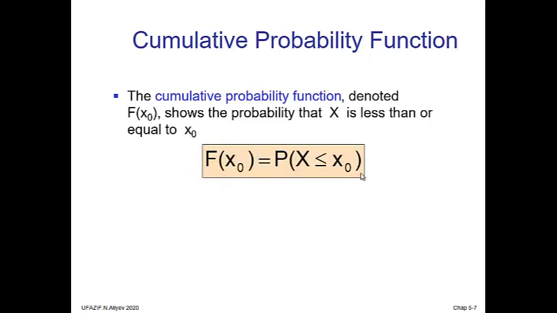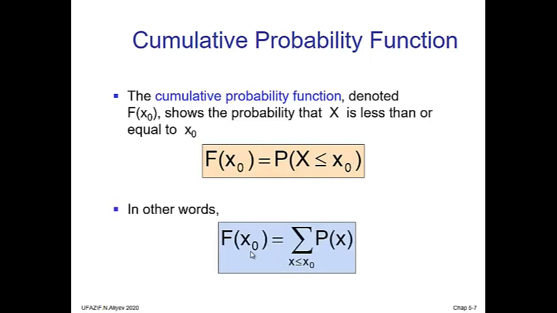Here is the mathematical definition of it. F of, for example, 5 means the probability of your random variable being less than or equal to 5. Remember just this definition. And how do we find the probability of x being less than or equal to 5? You should add the probabilities of all values of x less than this.